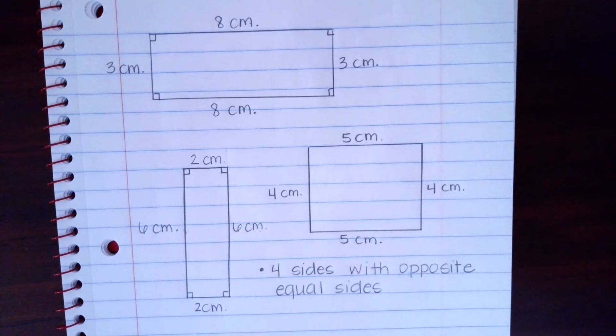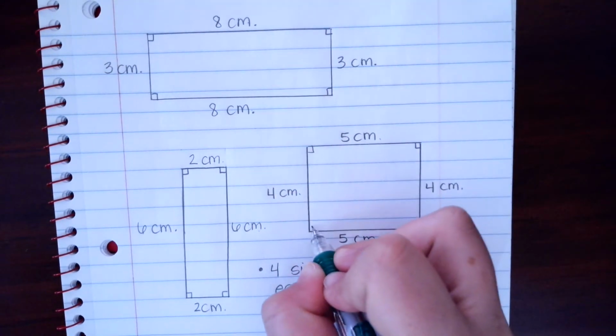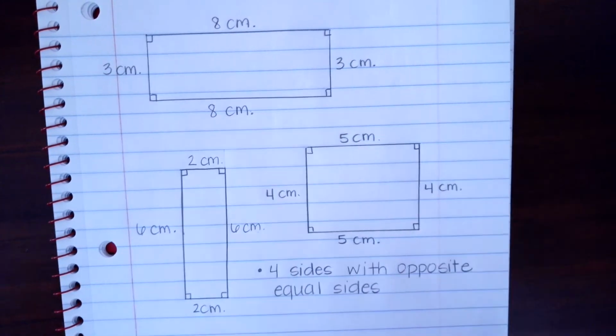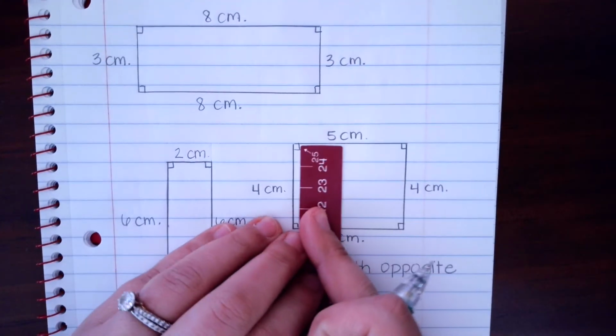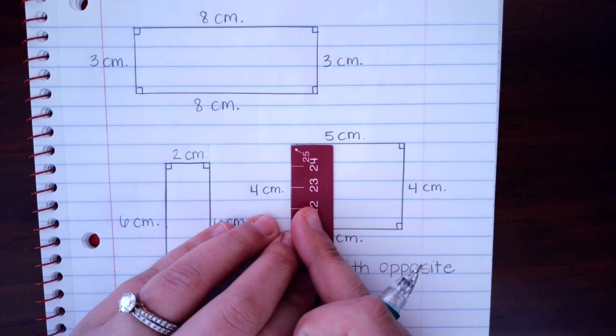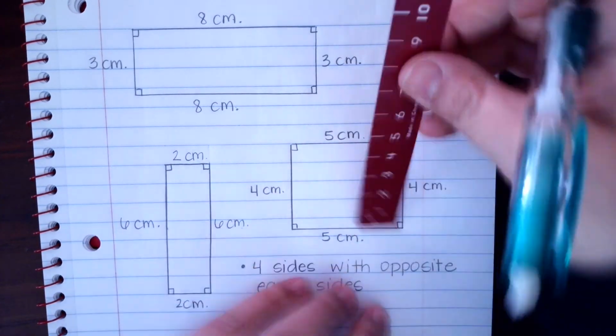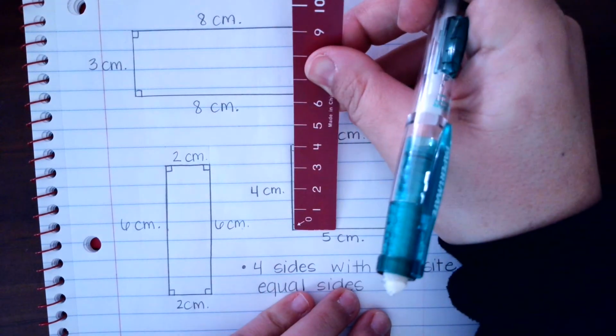Now, if you notice, I forgot to draw them here, that each of these rectangles also have square corners or right angles. So remember, a square corner or a right angle means I can put my ruler in and it fits just perfect, nothing left over on the side.